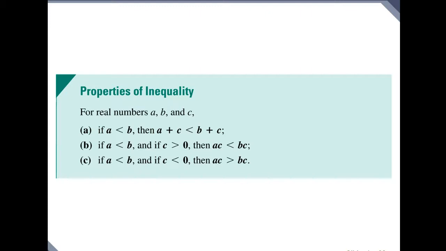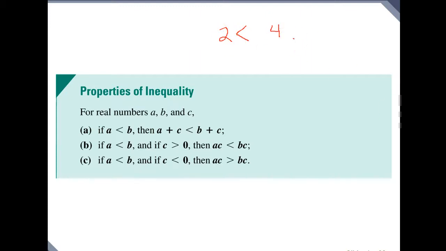Generally, when you solve an inequality, everything is the same as when you solve an equation. The major difference, and I'm going to point it out to you right now, if I have the statement 2 is less than 4, that's a true statement.